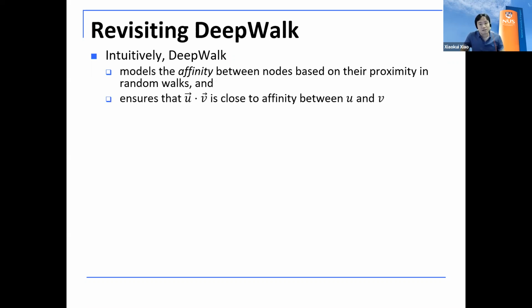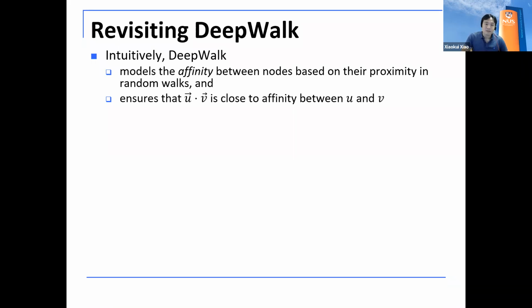And then based on this implicit affinity, what DeepWalk did is to train the embedding in such a way that whenever two nodes have a high affinity, their embeddings would have a large inner product. So in some sense, the inner product of those embeddings would be an approximation of the two nodes' affinity value.